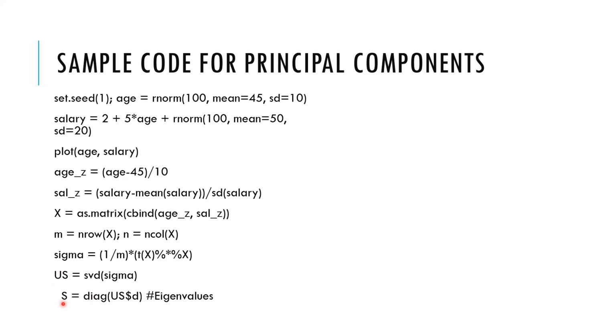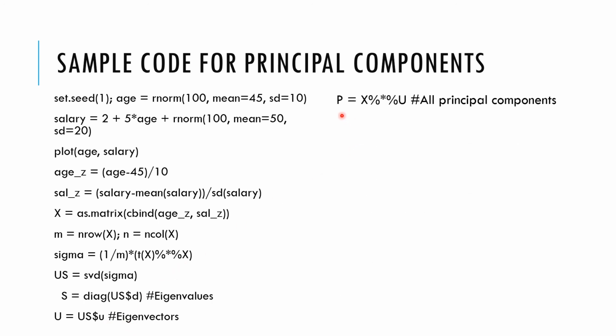So what you do is you take this value, and this is your eigenvalue basically, right? And this is your eigenvector. So there are two components in this. One is d, one is u. Both are small. So d stands for eigenvalues and u stands for eigenvectors, right? So this is what it is.